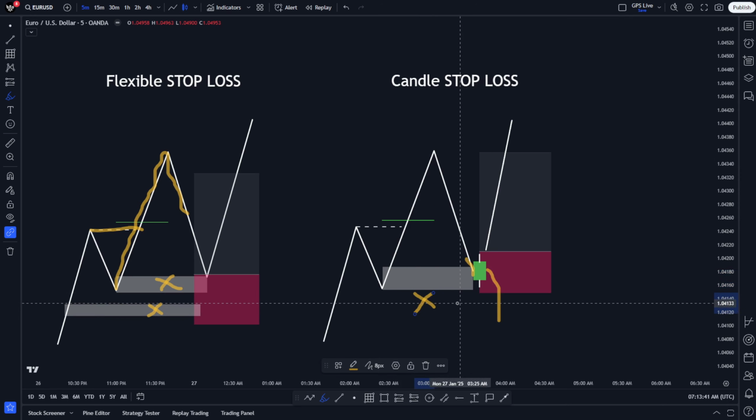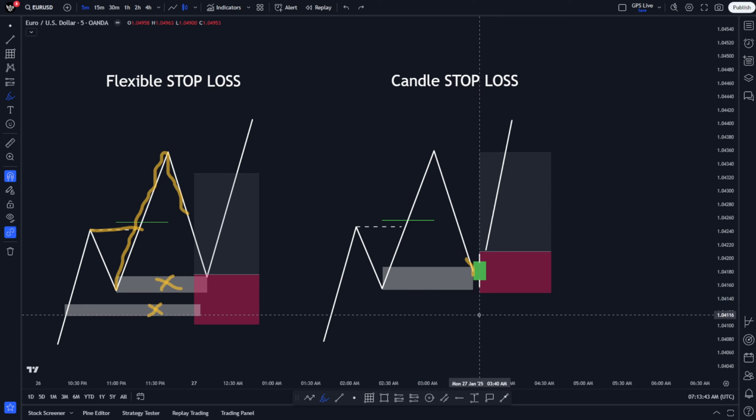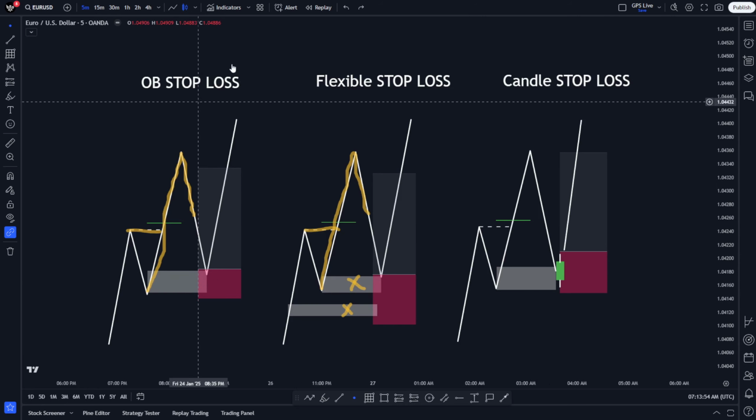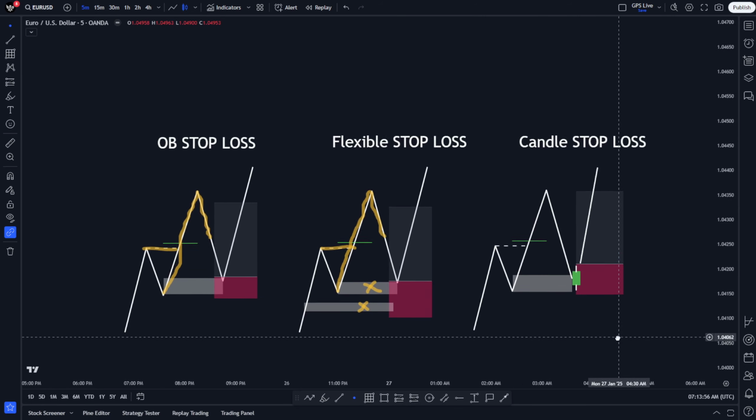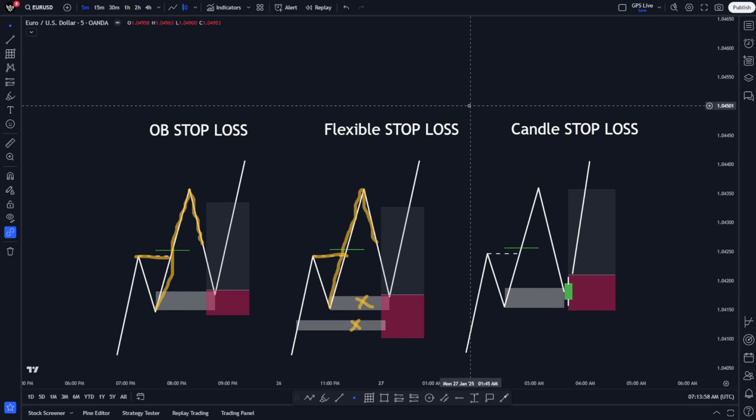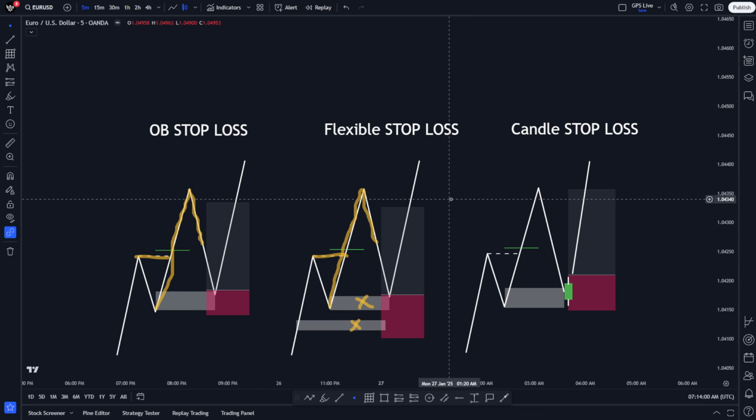You no longer have any business looking for entries here. So that's one of the big use cases of candle stop loss. But at the same time, the RR reduces just slightly when compared to OBSL. I hope you understand all these methods. It's very simple, right? It's just a brief explanation.